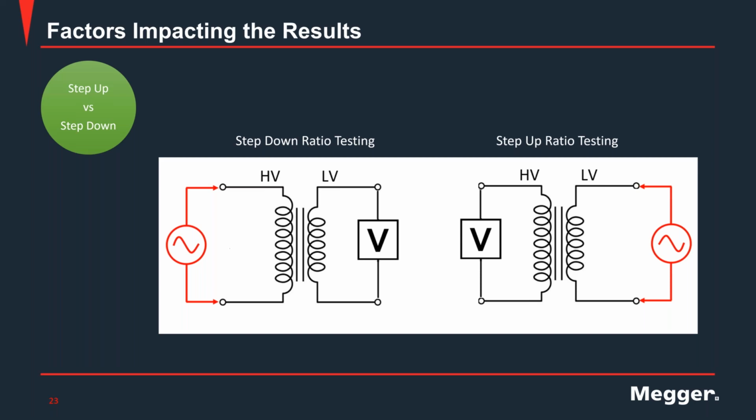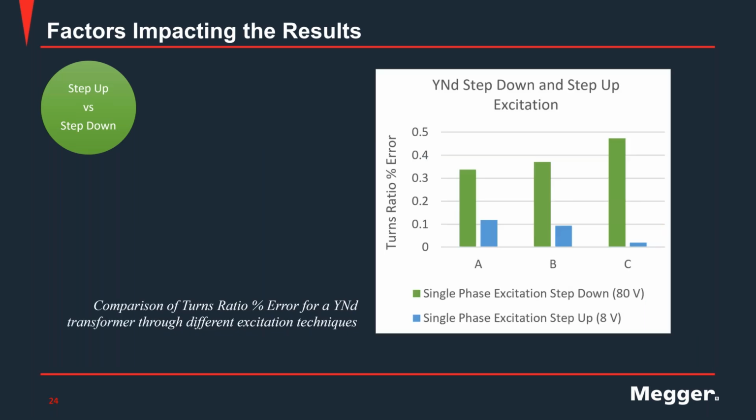So let's look at some comparison between step up and step down techniques on the same unit, in this case a YND: a star connected winding on the primary, a delta on the secondary. And this is really interesting. In the single phase excitation step down, the traditional way, we were using 80 volts. When we switch to step up, we're using 10 times less voltage for the measurement, and even then we are getting way better accuracy.